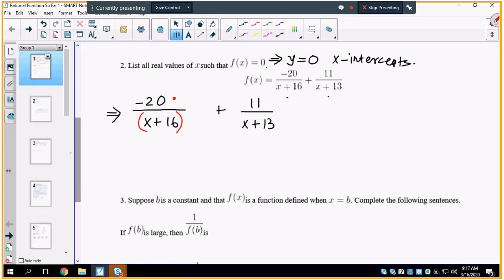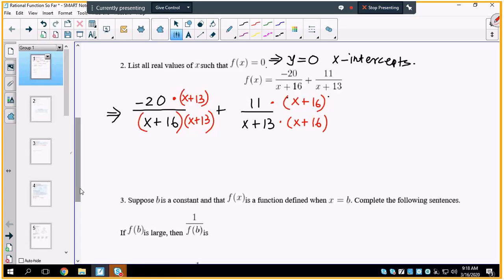So multiply x plus 13 with negative 20 and multiply x plus 13 with x plus 16. Similarly, the other denominator factor, x plus 16, will be multiplied with the top and bottom of the second rational expression. So multiply x plus 16 with 11 and multiply x plus 16 with x plus 13.